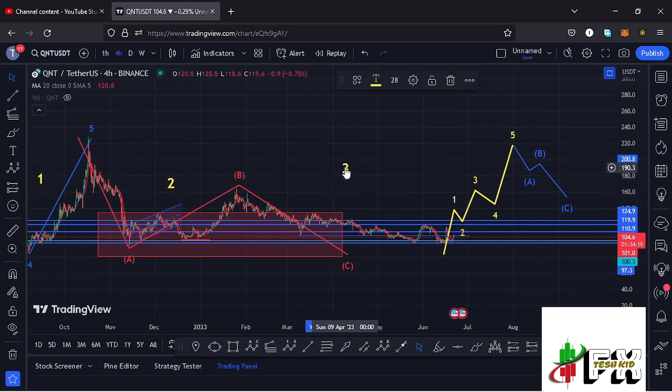I also have a scenario that I still have on the charts, and that can only play out in case we are unable to break through key areas of resistances, and we are also unable to see a 5-wave move on the charts.